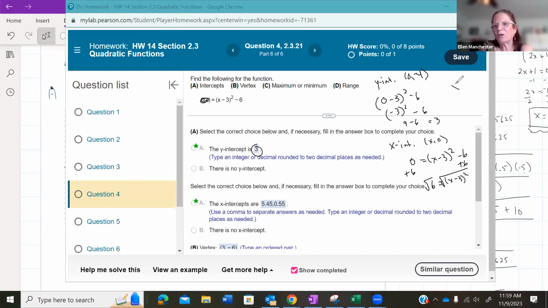This undoes this, and so this makes that go away. So all I have left is what's underneath the radical. Okay, so I end up with the square root of 6 equals X minus 3, because the square root undoes the squared. When you square root, that's where the two answers come from, plus or minus. So anytime you square root, you've got to do plus or minus. And then I'm going to add 3 to both sides.